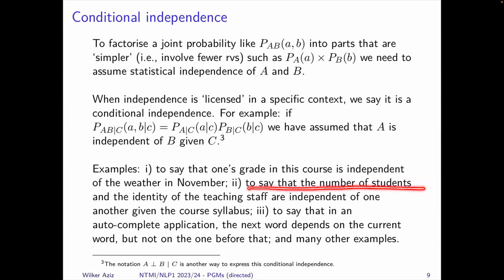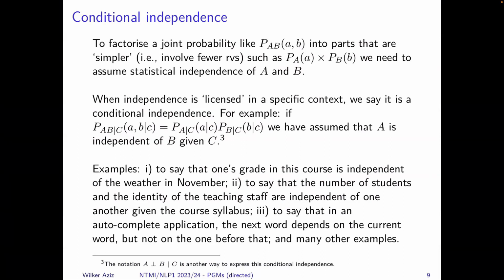To say that the number of students and the identity of the teaching staff, so how many of you we have and who we are, are independent of one another, given that you know the course syllabus, or for example, the course ID of this course. So how many students join a class, hopefully, does not depend on who is teaching the class. It depends simply on what the class is about.